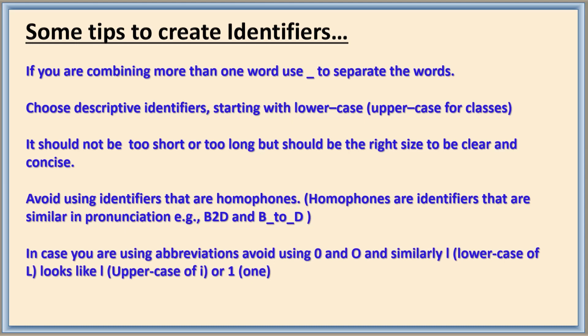In case you are using abbreviations, avoid using 0 and capital O. Similarly, if you are giving L or uppercase I or sometimes even 1, all these look similar. So please avoid these.